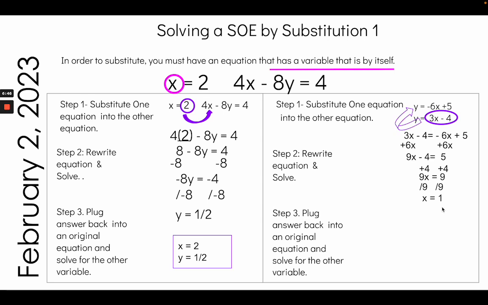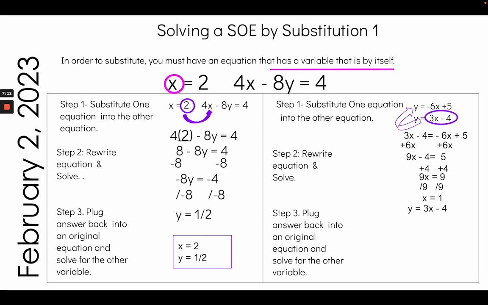So in order to get that y answer, we're going to take this x equals 1, and very similar to what we did here, we're going to plug it back into one of these equations. It doesn't matter which equation you use, it will all come out to be the same. So I'm going to use this equation, y equals 3x minus 4, mostly because to me it's an easier equation.